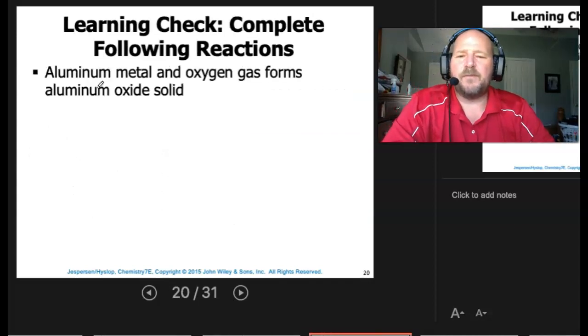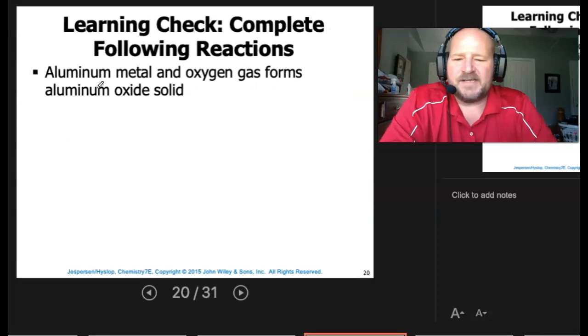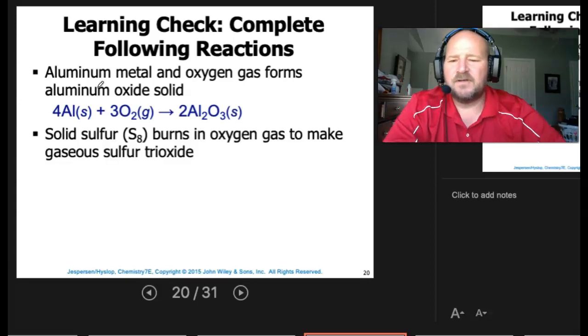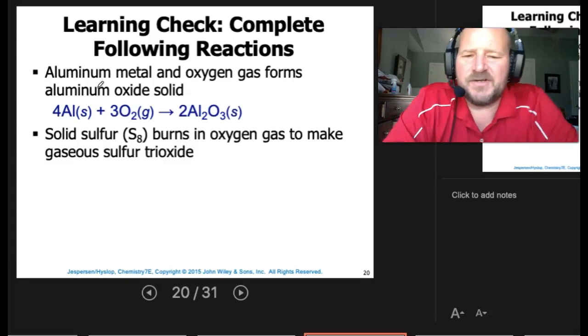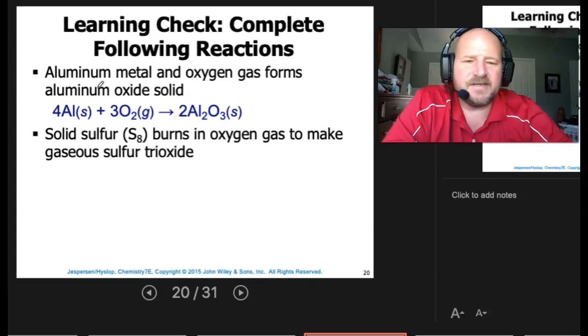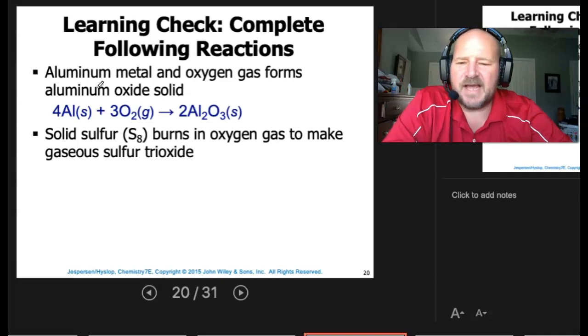All right, so aluminum metal and oxygen gas forms aluminum oxide solid. So here's our reaction. Solid sulfur burns in oxygen gas to make gaseous sulfur trioxide. So solid sulfur S8 burns in oxygen, so we're going to use O2 to make gaseous sulfur trioxide.